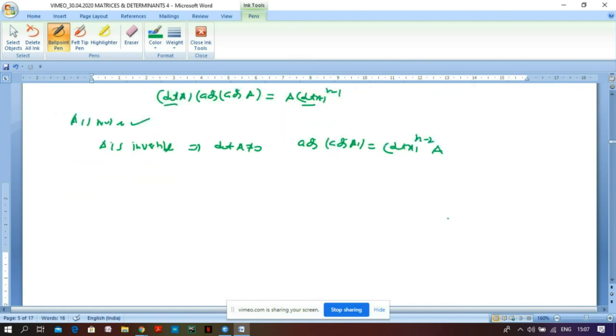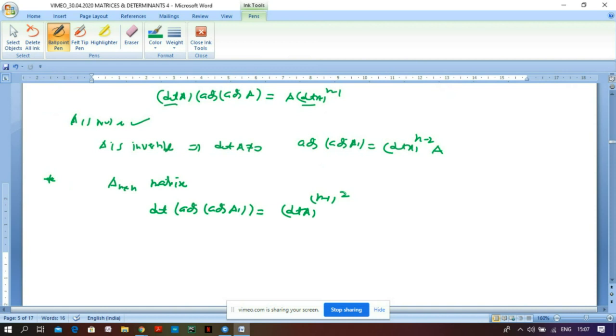Still we continue our journey with this one, and let's do another one. A is an n by n matrix, and you want to prove that det of adjoint of A equals det of A to the power n minus 1, whole squared.